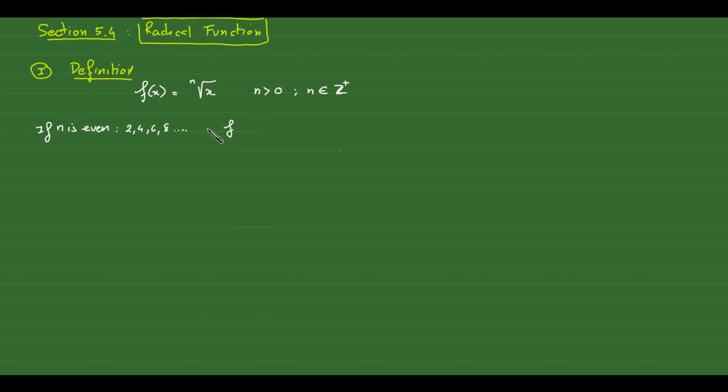So we have f of x equal to the square root of x, if n equals 2. This one we call the second radical function, or the square root function.